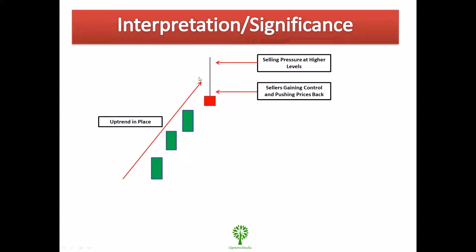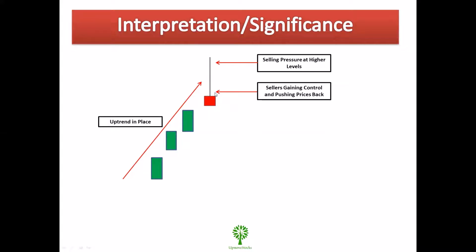It is very simple. You can see that the stock or index went up to this level. However, it could not retain this level and it was pushed back to the day's low. So it indicates that there was huge selling pressure at this level. Buyers could not maintain their control and sellers were able to gain the control and push the prices back to the day's low.